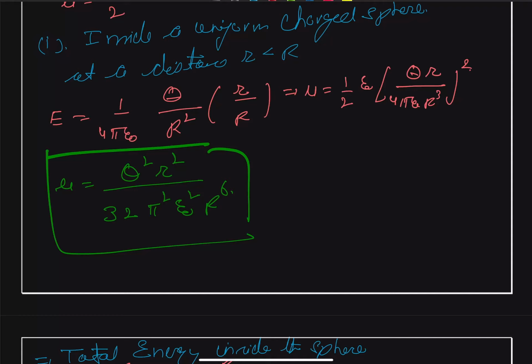Epsilon naught square cancels out, so there won't be any square here.